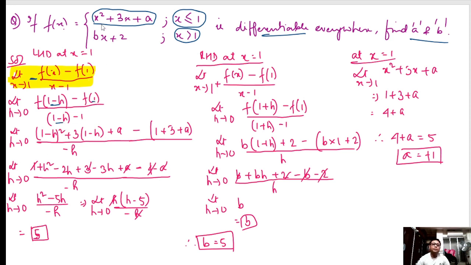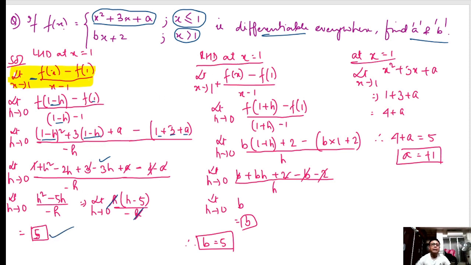In place of x, I have put 1 minus h, and here in place of x I will put 1. So the common parts cut out, and here we'll take h common, that cuts out. Now we'll put h as 0, we'll get 5.